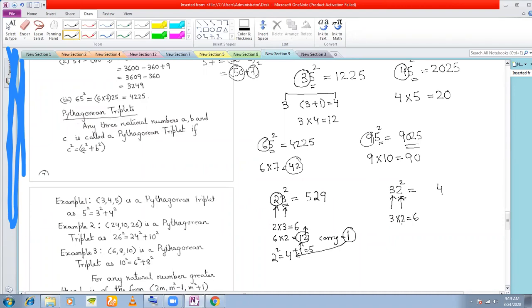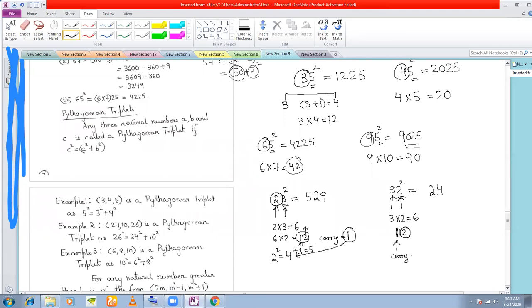I get 6. Now what is the double of 6? The double of 6 is 12. Out of this 12, I write this 2 here. And this 1 that I have, in this place, this is my carry. I keep it in my mind for the time being.